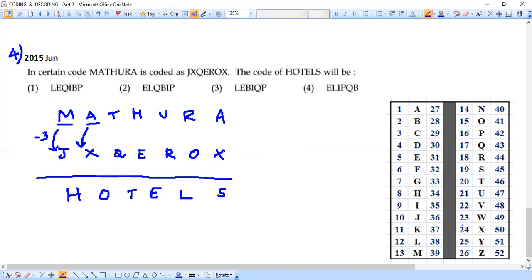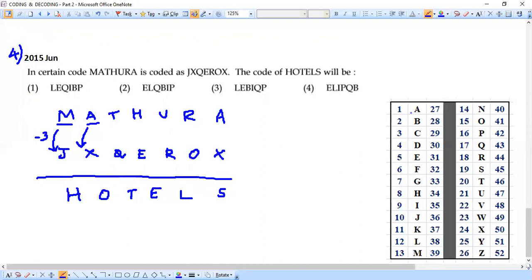So again, we have two possibilities, because for the first letter we got a reverse pattern, but for the second letter we'll see both possibilities. If A to X moves in the forward direction, we have 1 to 24, which will be plus 23 positions. Or we can even have it in reverse.